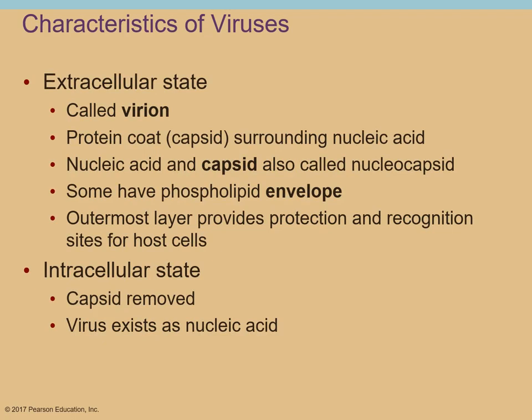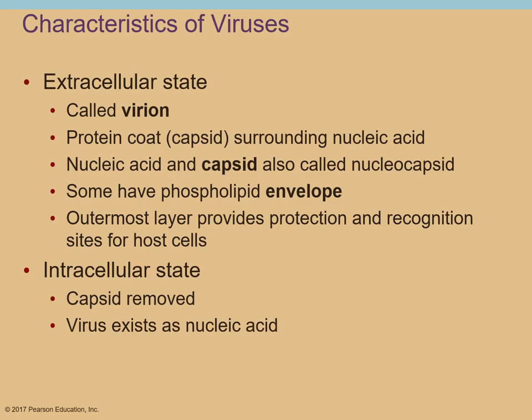The extracellular state or version of the virus is often called a virion. As I said, you've got this coat or capsid that surrounds and protects that nucleic acid. It's made up of protein. Some viruses, depending on which type of virus you're specifically talking about, will, in addition to the capsid, also have an envelope around it.